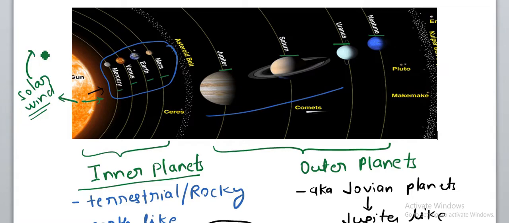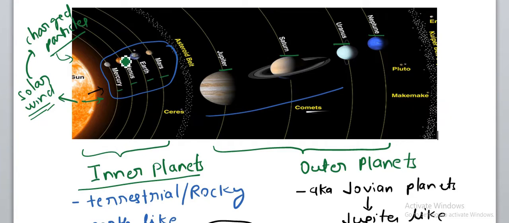Solar wind is the stream of charged particles released by the sun, and these charged particles blow off the atmosphere.